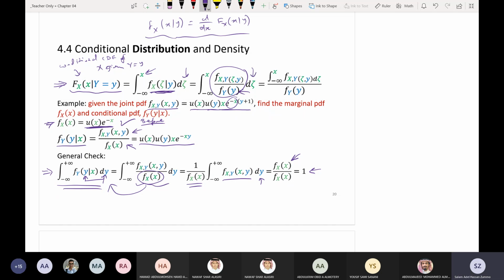Because of that, we can take it outside the integral, and this will be the integral of the joint PDF from minus infinity to x with respect to x only. This is the way we find the conditional CDF. Of course, you do this if you don't have the conditional PDF. However, if you have the conditional PDF, you just integrate directly like here.